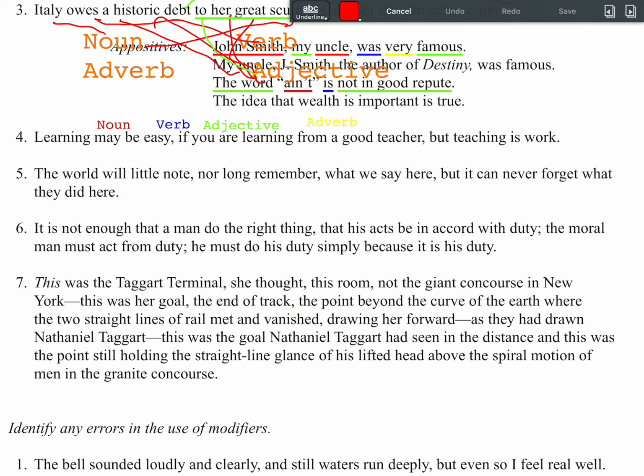Okay, so let's start with nouns. Learning may be easy if you're learning from a good teacher, but teaching is work. So work is a noun, teacher's a noun.